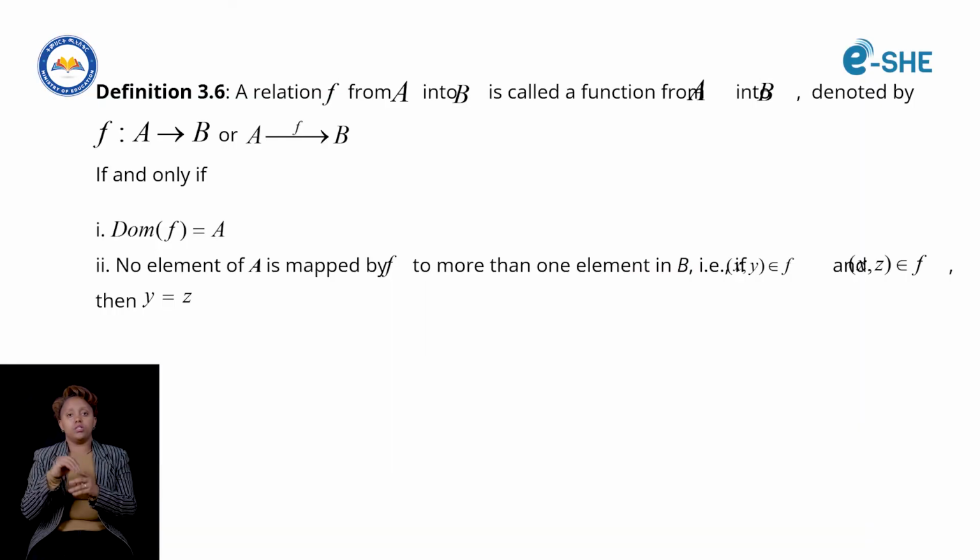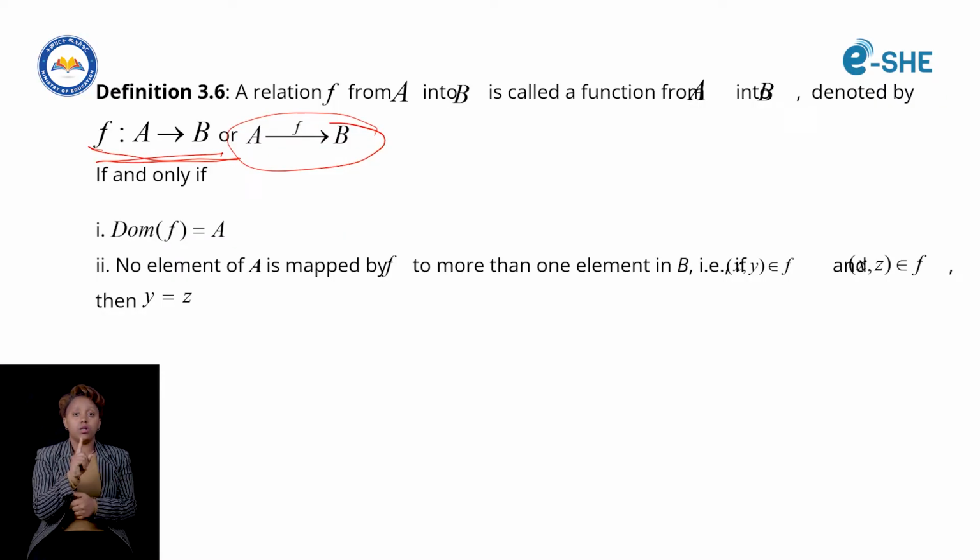A relation f from A into B is represented in the form f from A to B, or you can also represent it as A mapped into B by f, but this will be a function if and only if the following conditions are fulfilled.